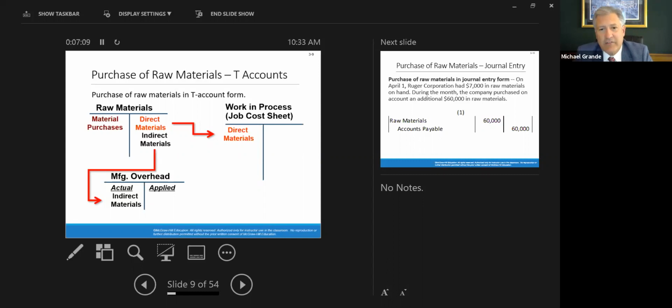In the manufacturing overhead T account, which we're going to become very familiar with, the debits represent actual costs and the credits represent applied to work in process. The debits in the manufacturing overhead account will include three things by definition: indirect materials, indirect labor, and other factory costs.